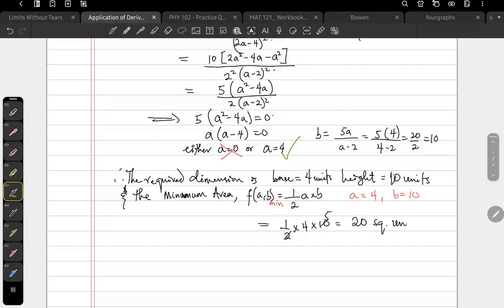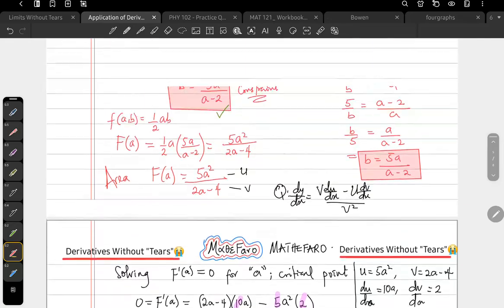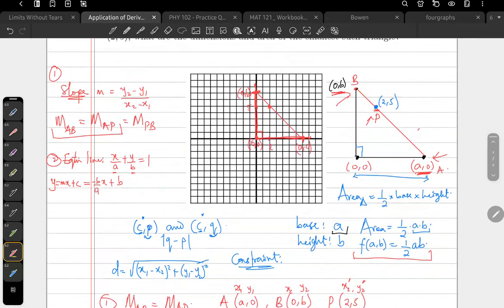So the dimension of the triangle that would satisfy the constraint, that the hypotenuse will pass through the point (2,5), is that the base has to be 4 units and the height has to be 10 units.